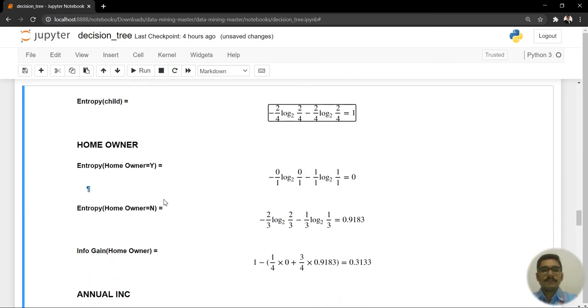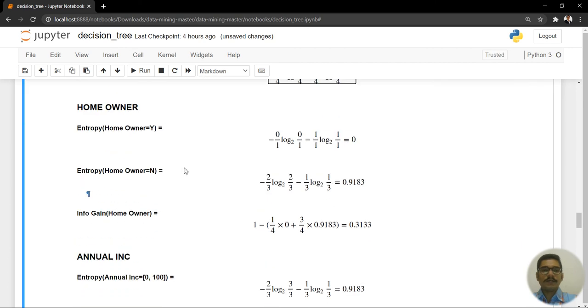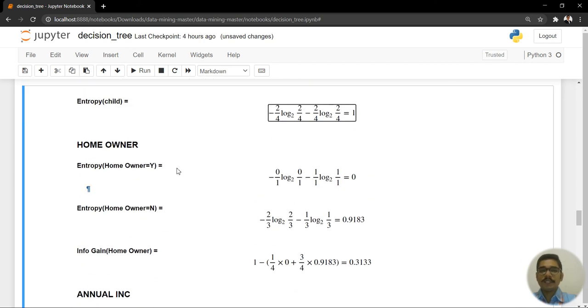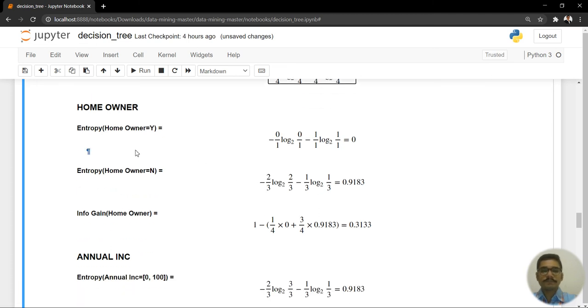Okay, so for homeowner, you calculate the entropy, or the information gain, with respect to the remaining two attributes that are left, to decide which will be the root node or the internal nodes.